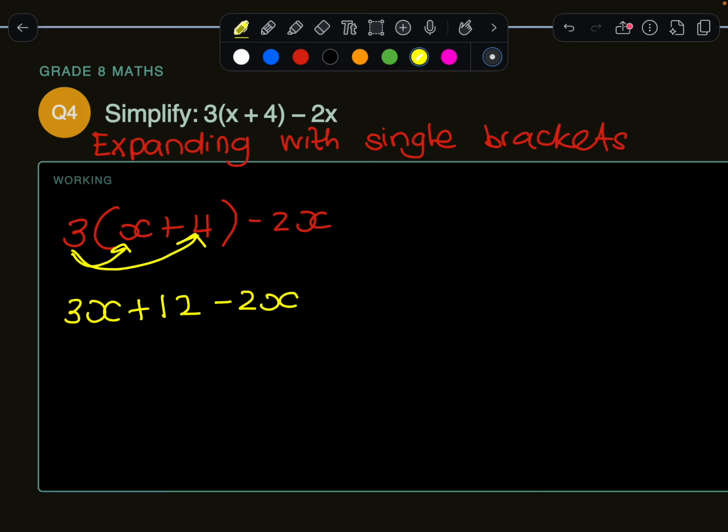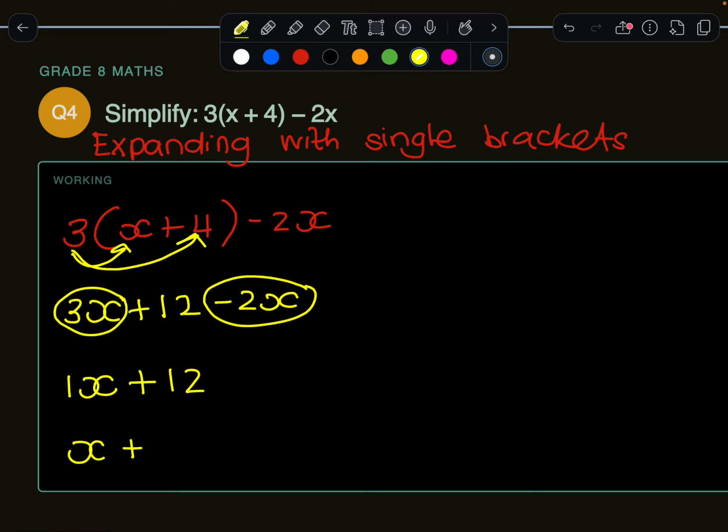To simplify, we get all the x's together and all the numbers together. 3x minus 2x: 3 minus 2 is 1x. We can't do anything else with the 12, so it just stays there. You don't have to write 1x, you can just write x plus 12. That is as simple as we can do.